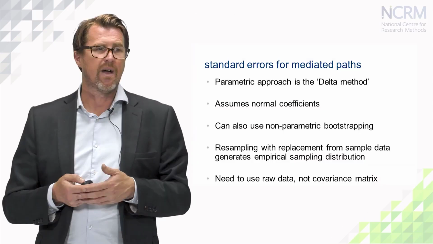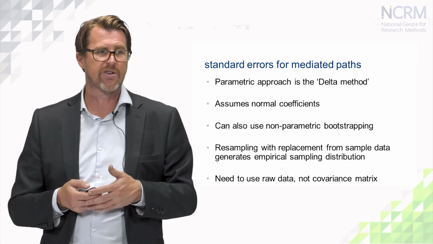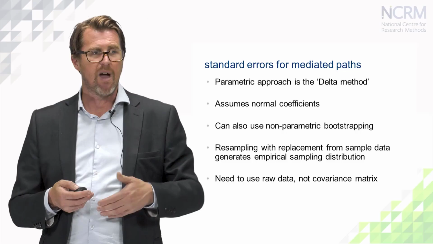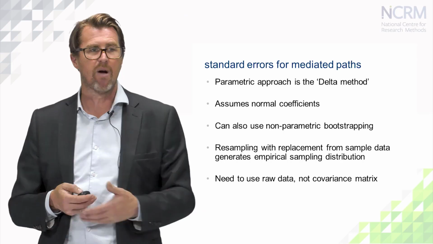And additionally, there are various ways of directly calculating the standard errors of those indirect paths. We can either calculate the standard errors for these mediated paths using what's called the delta method, a parametric approach, which assumes multivariate normality, or more commonly now using non-parametric approaches like bootstrapping, resampling from the sample data to generate an empirical sampling distribution.